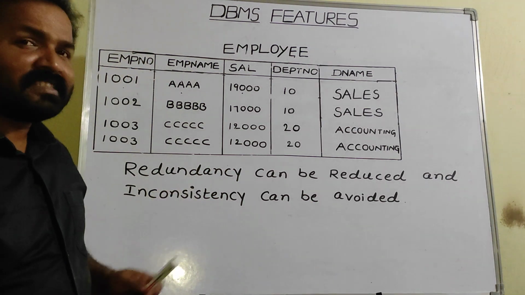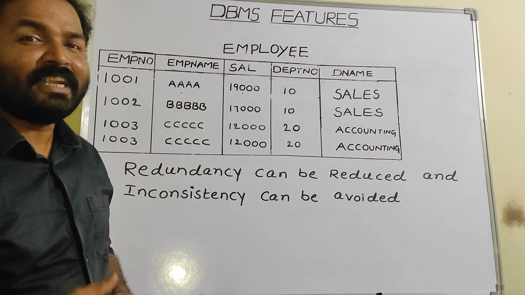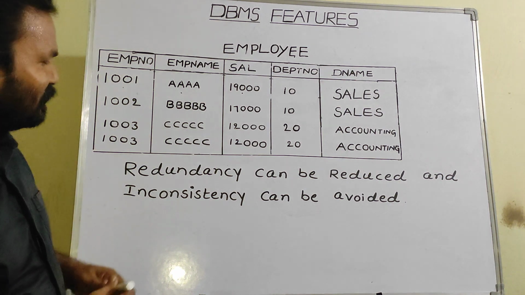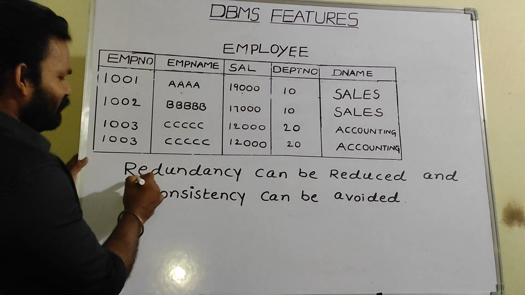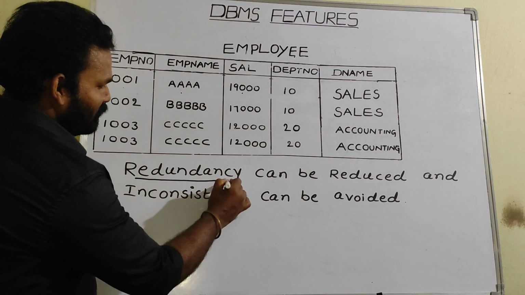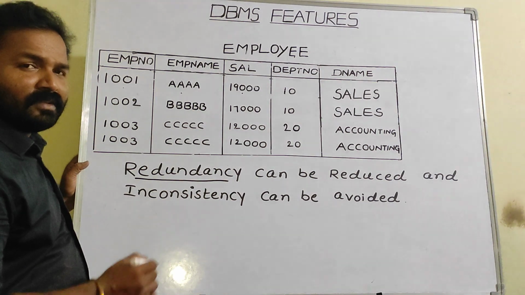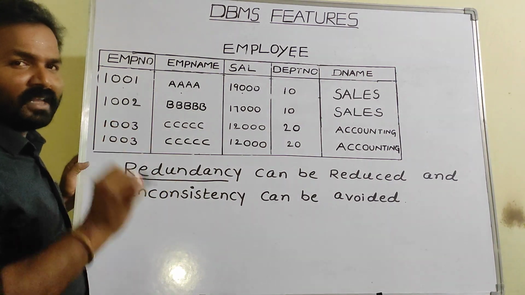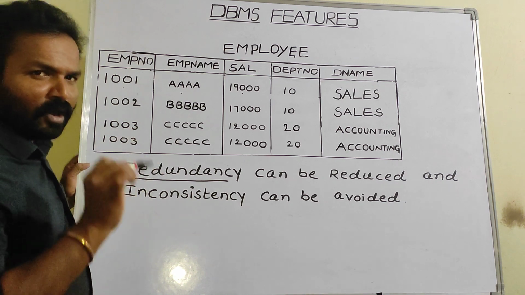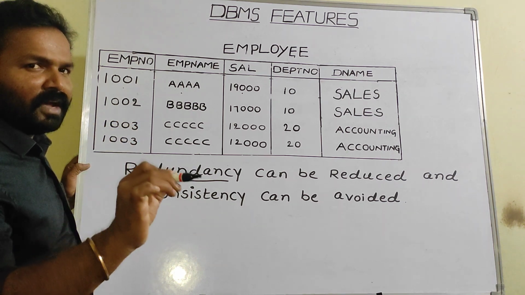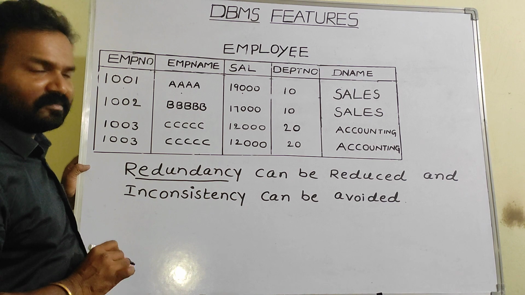Here, what is redundancy? What does it mean? Redundancy means duplicate data or data repetition.